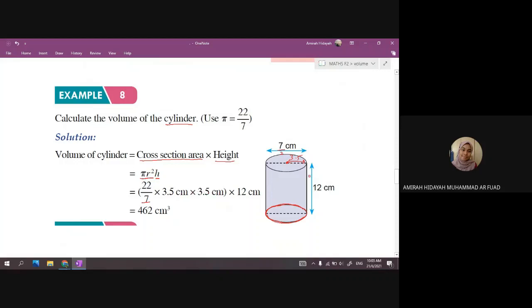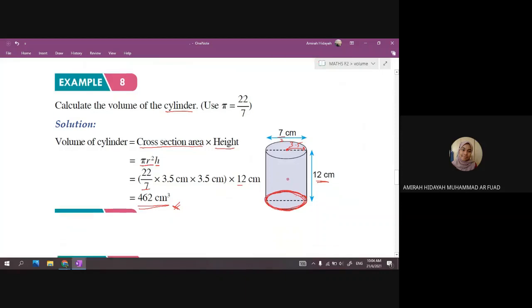And then height dia dah diberi 12. So dapatlah 462 cm cubic. Right. Remember cross section area untuk cylinder adalah bentuk circular ni. Ni flat surface ni.